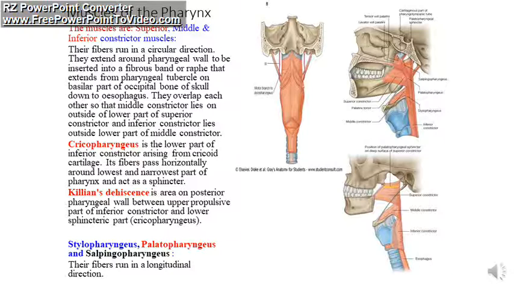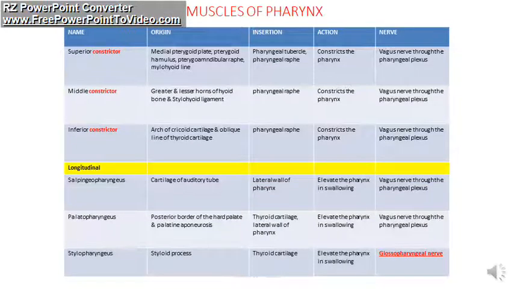The cricopharyngeus is the lower part. Here, the superior constrictor muscle originates from the medial pterygoid plate, pterygoid hamulus, pterygomandibular raphe, and mylohyoid line.